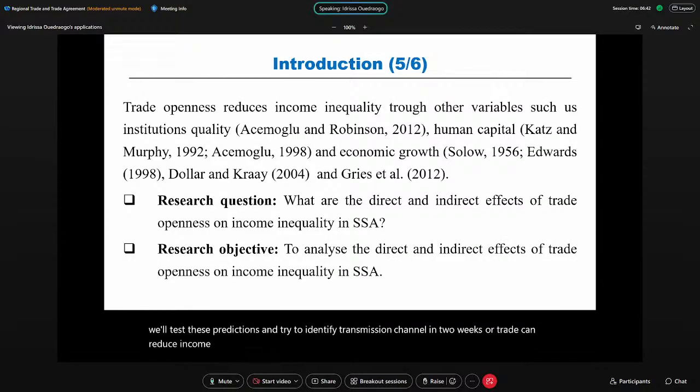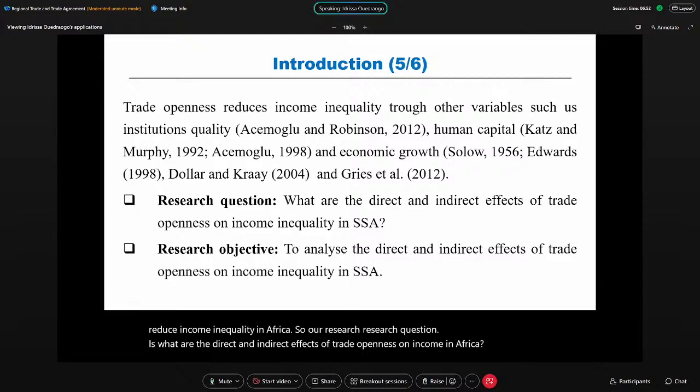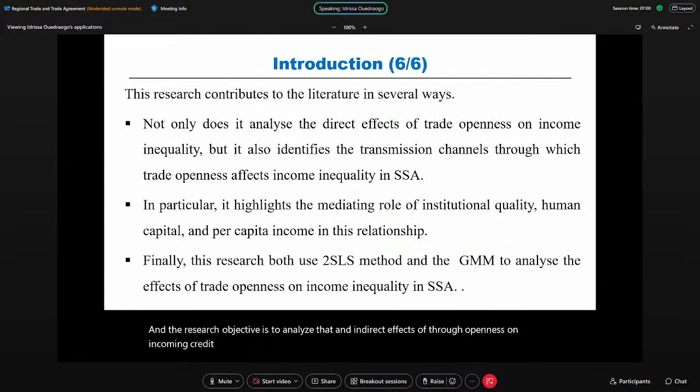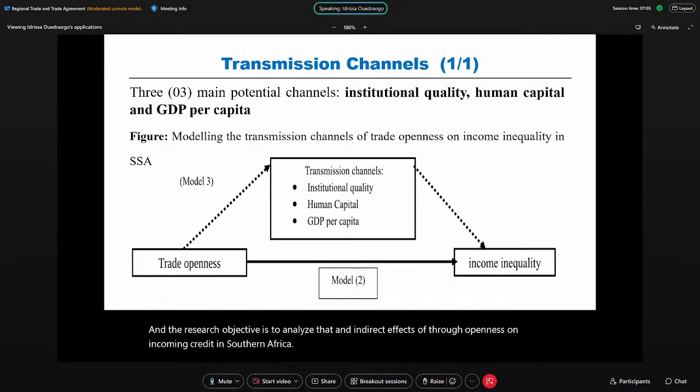So our research question is: what are the direct and indirect effects of trade openness on income inequality in Africa? And the research objective is to analyze the direct and indirect effects of trade openness on income inequality in sub-Saharan Africa. How do we model the transmission channel?